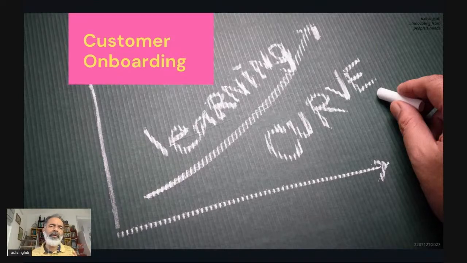It is the learning curve, so the company has to contribute. It may not be a one-to-one conversation, but through different channels you can give the knowledge. That strategy you have to formulate based on your product or service. But the company should be involved in the learning curve. That is very important.